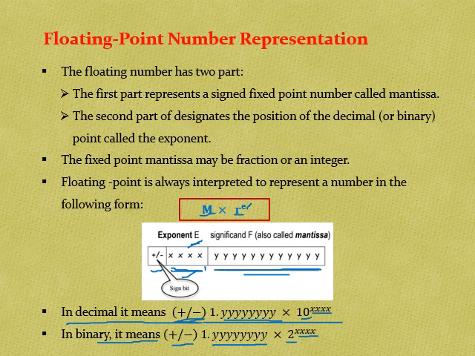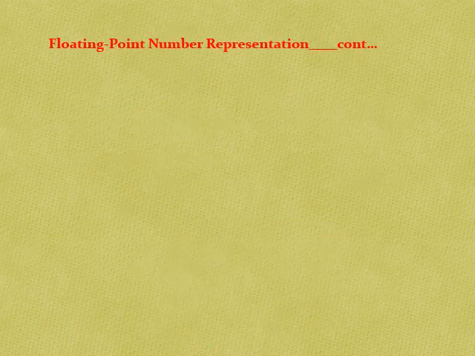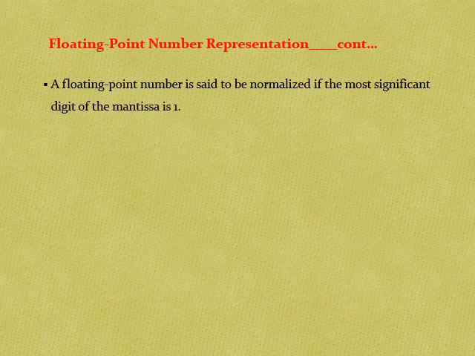Now some other important things about floating point representation. First, a floating point number is said to be normalized if the most significant bit or the most significant digit of the mantissa is 1. In the last slide, we saw the two portions of a floating point number: the mantissa and the exponent.